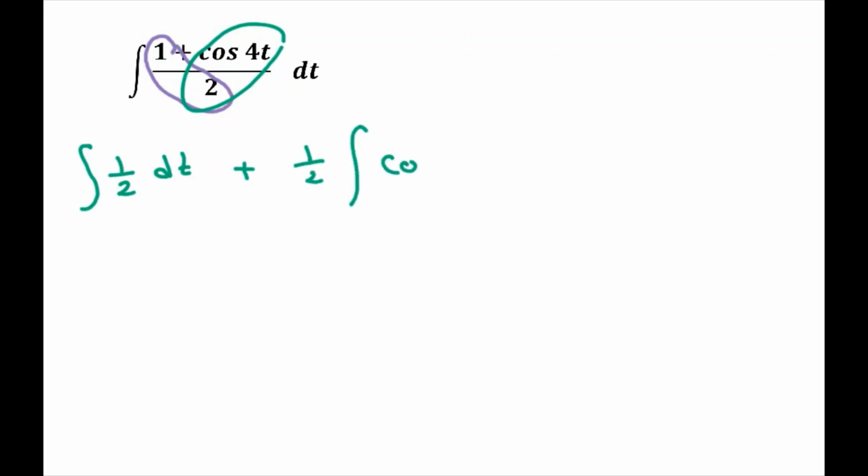Now this one, I'm going to split 1/2 and then this one here. So it's going to be the integration of 1/2 dt plus the 1/2 integration of cosine 4t dt. Now again, we know that the derivative of sine 4t is equal to 4 cosine 4t. So I am missing the 4.